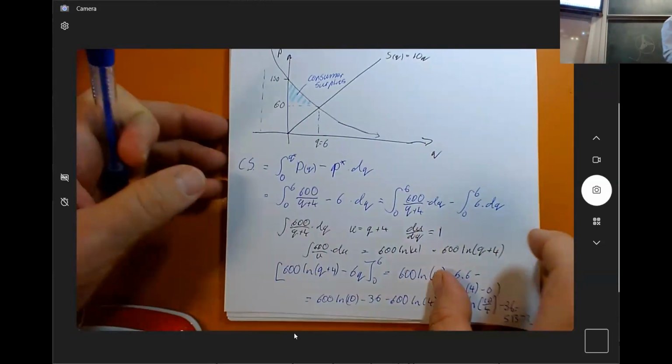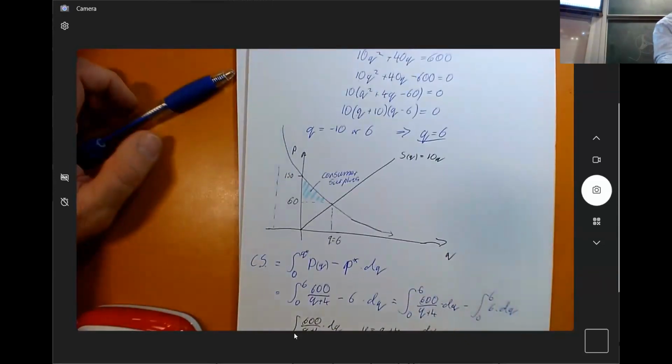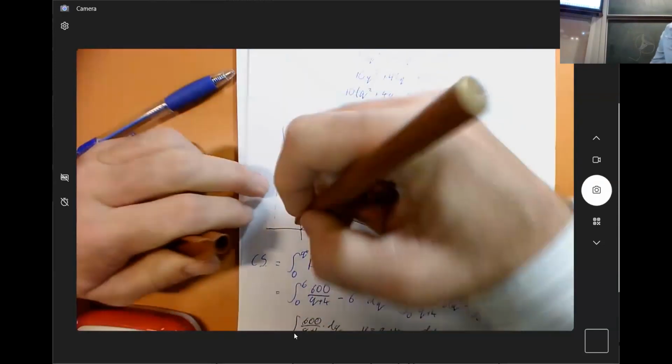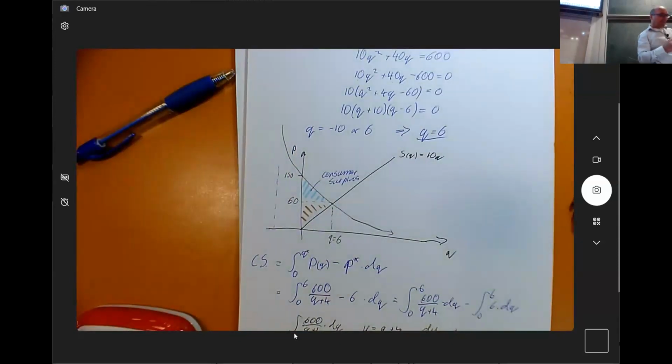So we can do the same thing. While I've got my diagram here, we'll grab a different color, and this bit here is actually my producer surplus. What we're actually doing with the producer and consumer surplus is an integral to find that area, where we do the integral of upper function minus lower function.